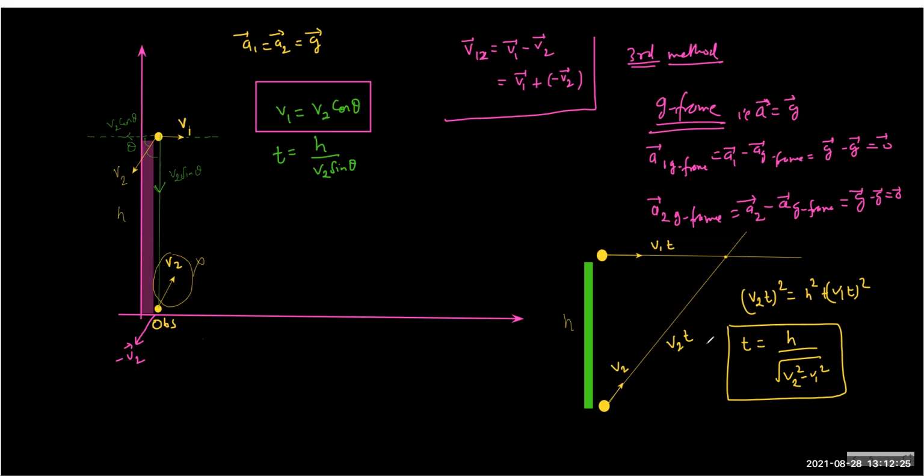And for collision to take place, both the particles must arrive at that point at the same instant. The rest is Pythagoras applied and solve it, because v1t is the length, v2t is the length, h is the length. Is this clear?